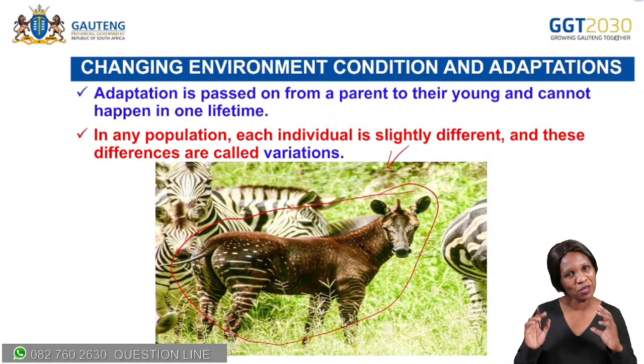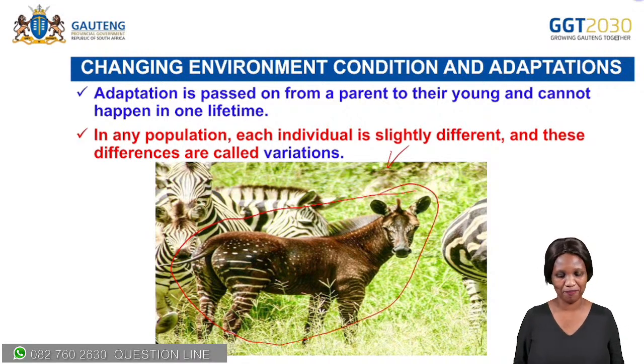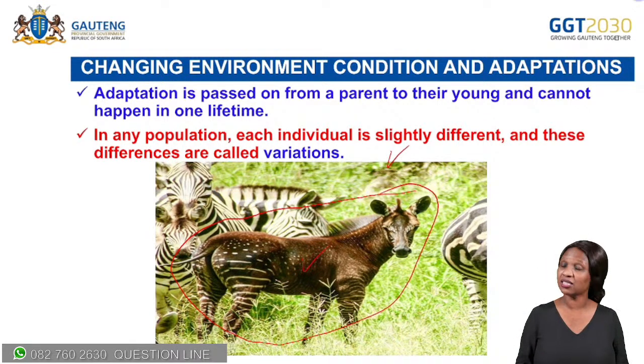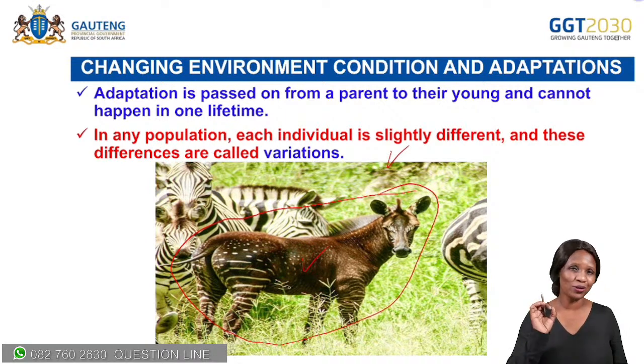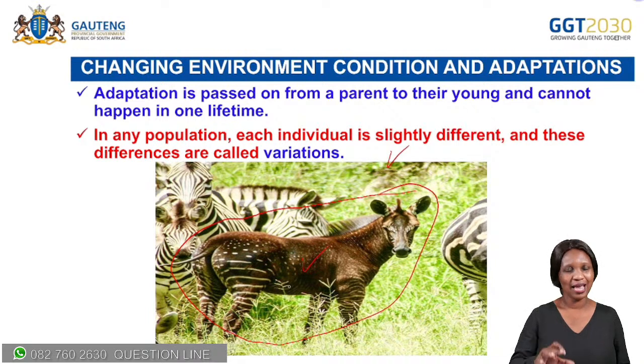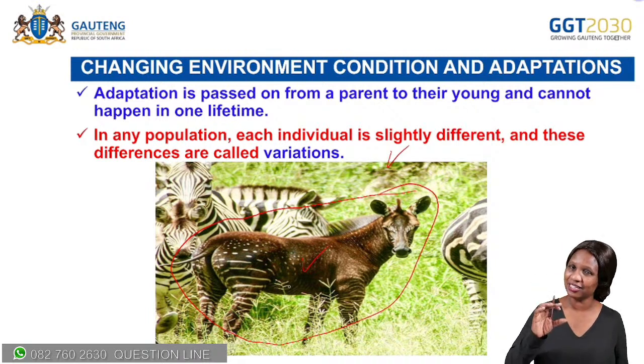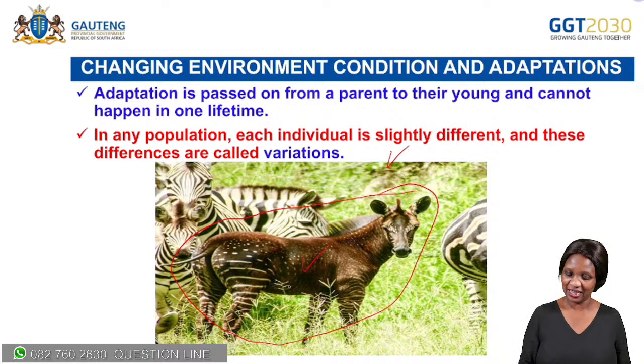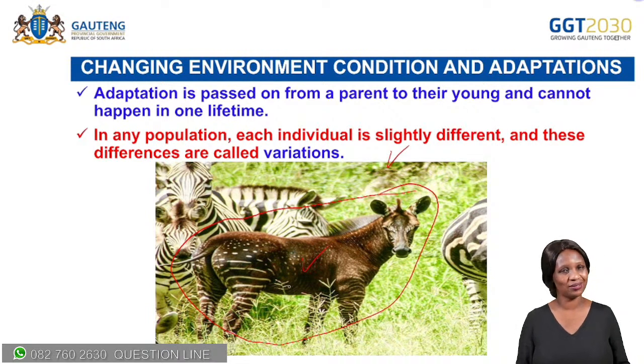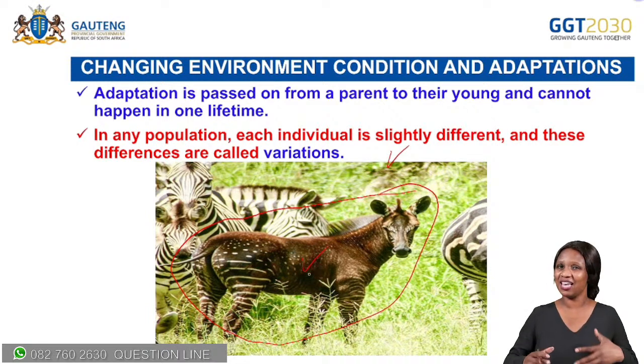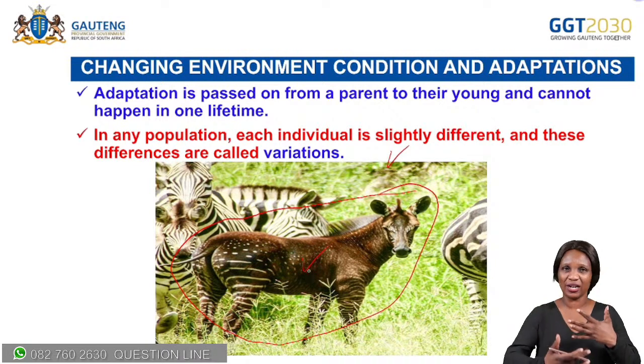It doesn't happen over a short period of time. This zebra is going to grow and reproduce. And then it will have its young ones. And it might pass these genes to its young ones. All right. And then we'll see that gradual change.